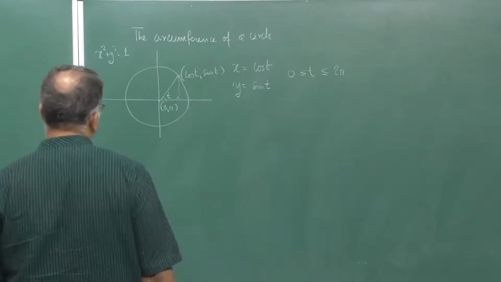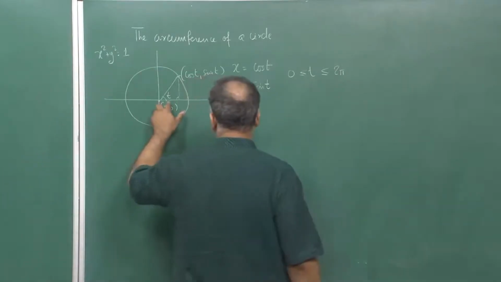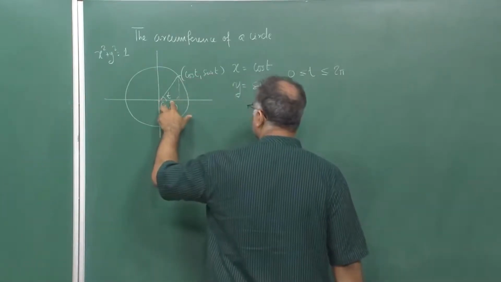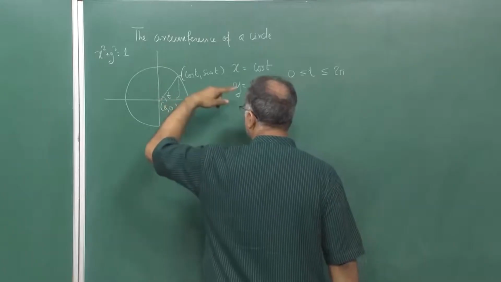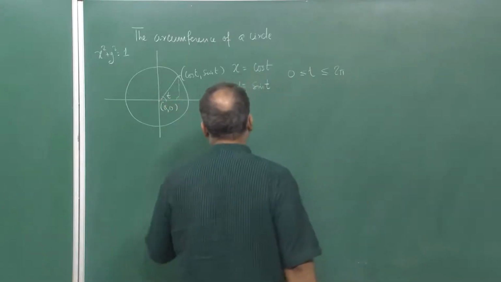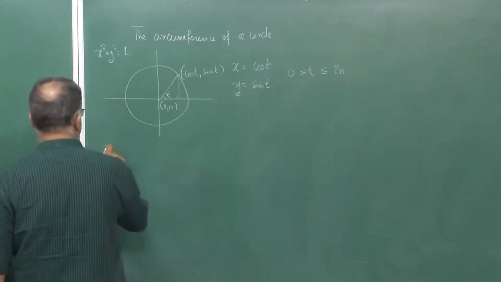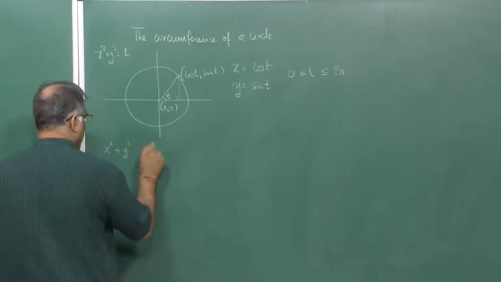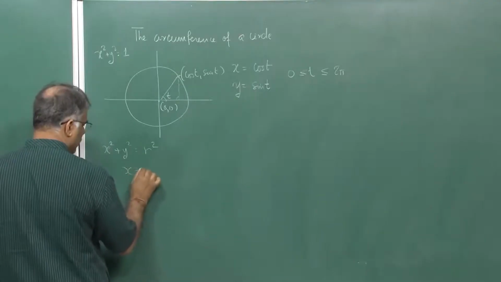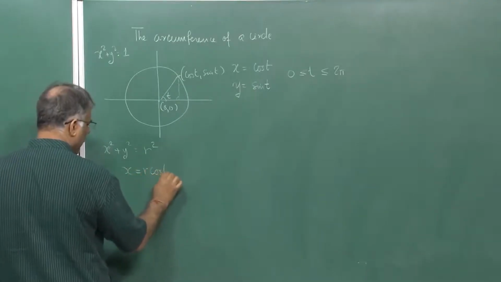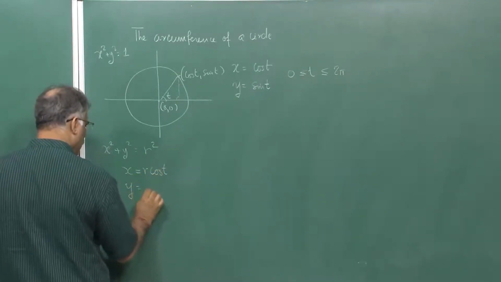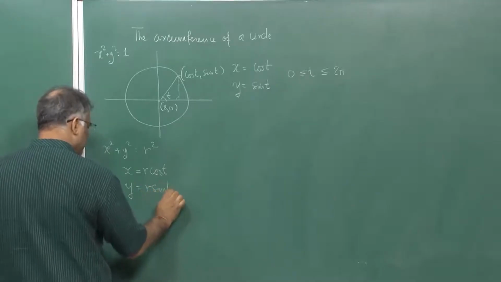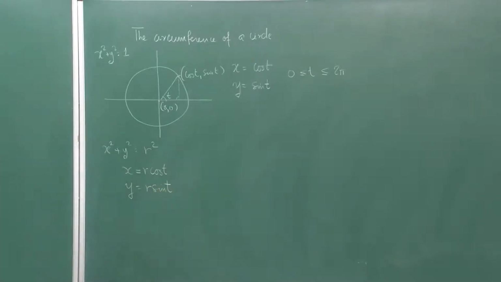So, x by the radius is cos of t. So, x equal to r cos t. If it is x square plus y square equal to r square, then the parameterization is x equal to r cos t and y equal to r sin t, right. If you square and add, you will get this.